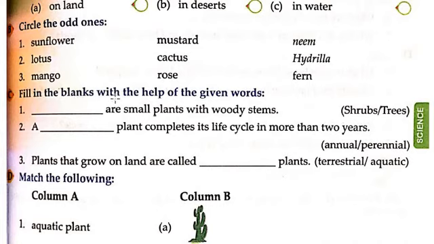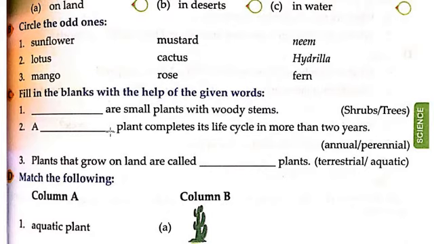Fill in the blanks with the help of the given words. Number 1. Shrubs are small plants with woody stems. Shrubs or trees? Shrubs. Shrubs is the correct answer. 2.